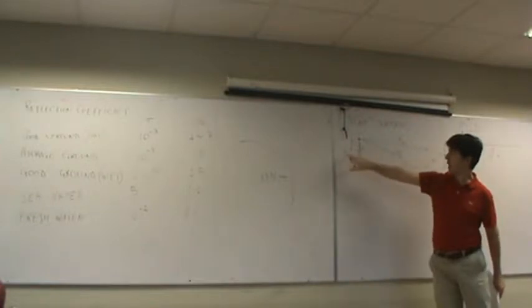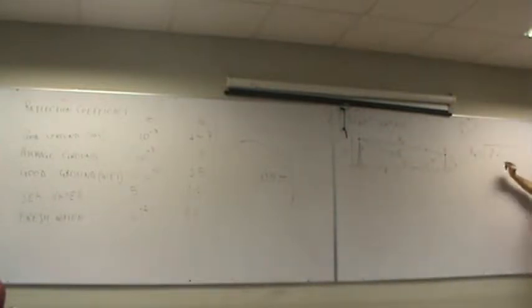This height here is simply ht minus hr. Now we play a trick to get rid of the square root because we divide everything by d squared and bring this square out of the square root.